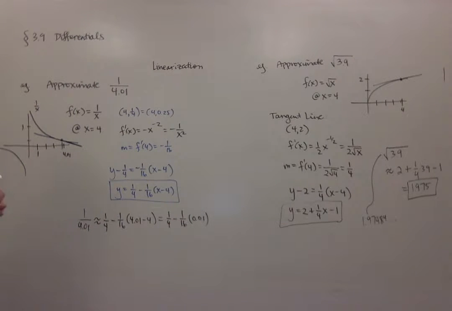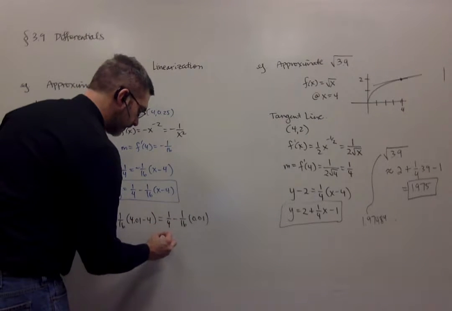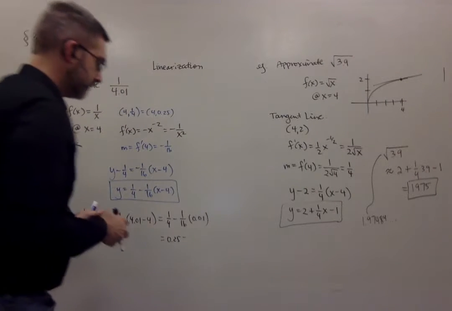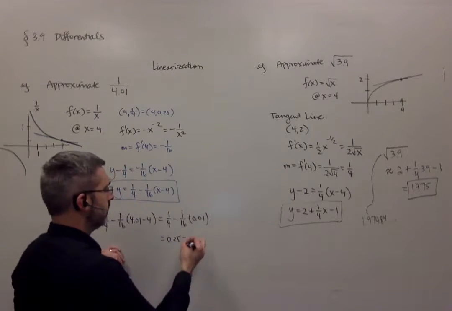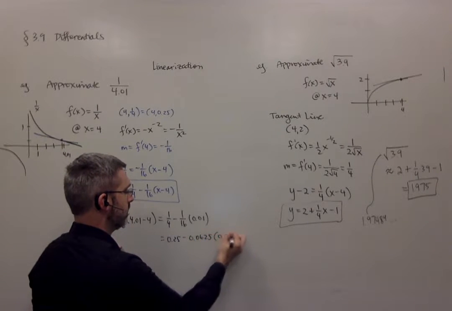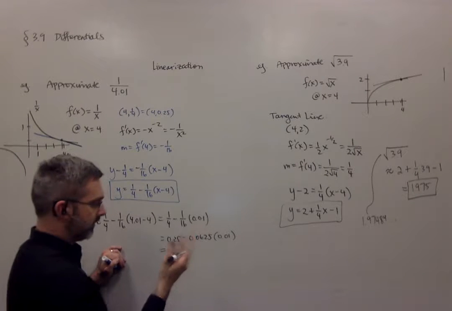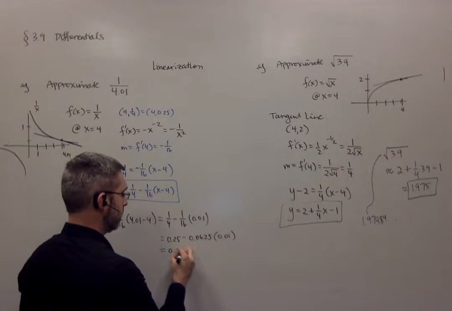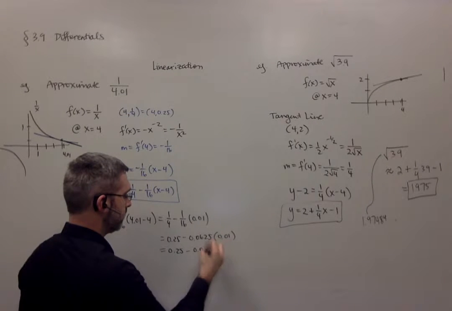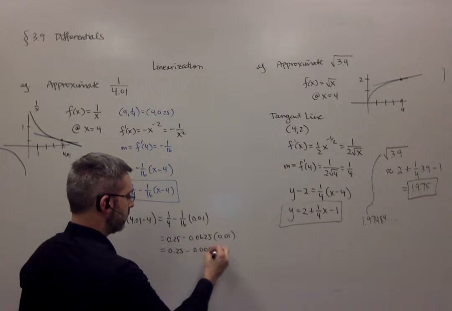Okay. So I'm going to take 0.25 minus 1/16 is 0.0625. Okay, we could do this in a calculator. So multiplying by 0.01 gives us 2 extra zeros.